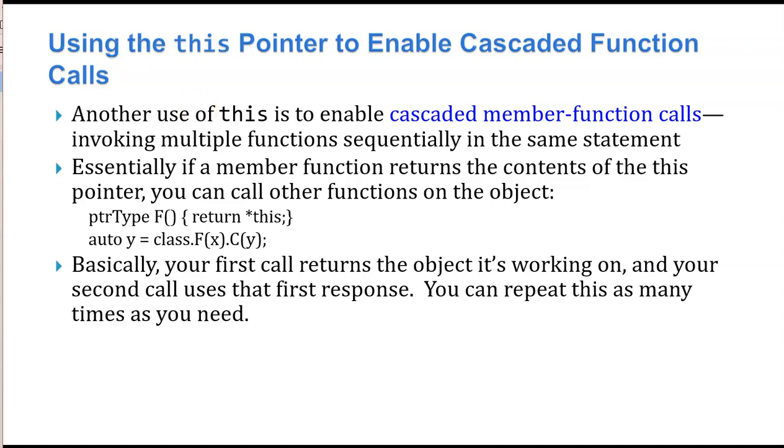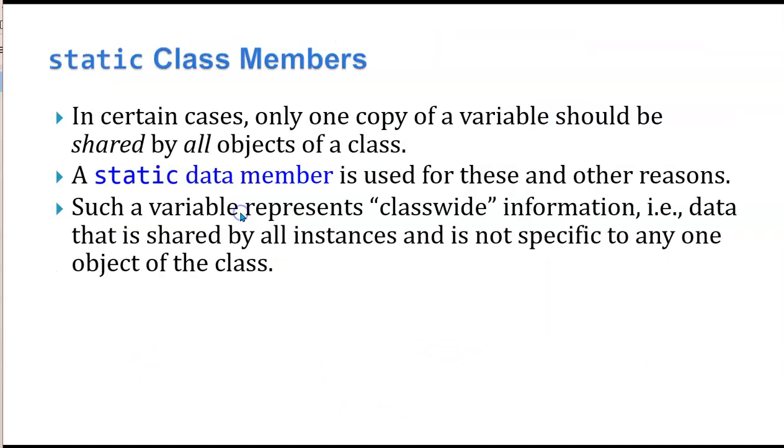So you create a function, pointer type f, which returns the contents of this, and then you can use that to call the next item in the chain from the object returned. Basically, your first call returns the object it's working on, and your second call uses that first response. By the way, this shouldn't be pointer type; it should just be type. You can repeat this as many times as you need.